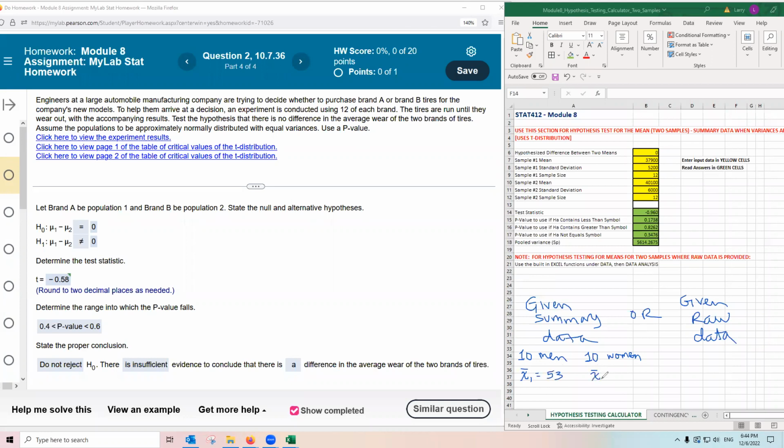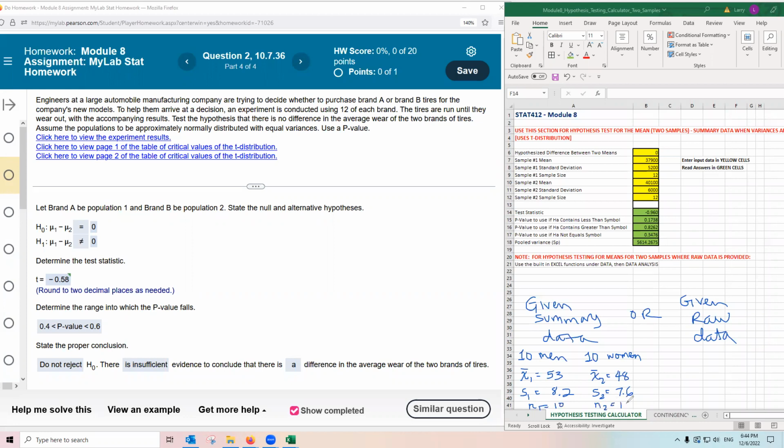The sample mean for the 10 women is 48,000, let's say. The standard deviation for the men is, just making up some numbers here, 8.2, and for the women it is 7.6. The sample size for the men was 10, and for the women was 10.